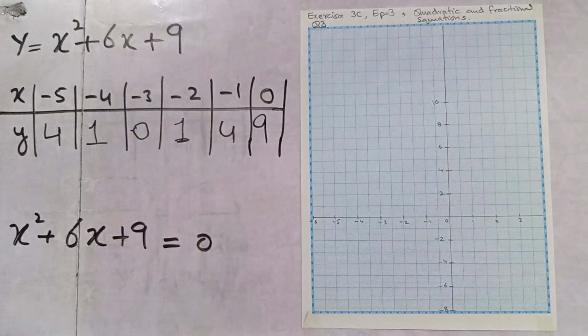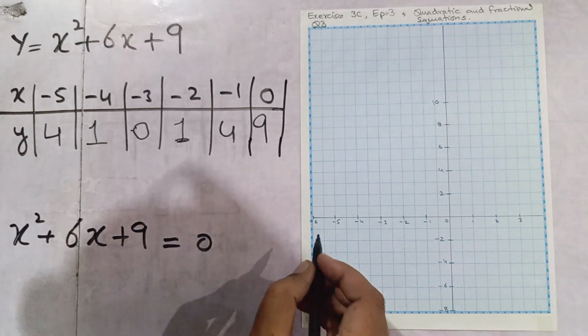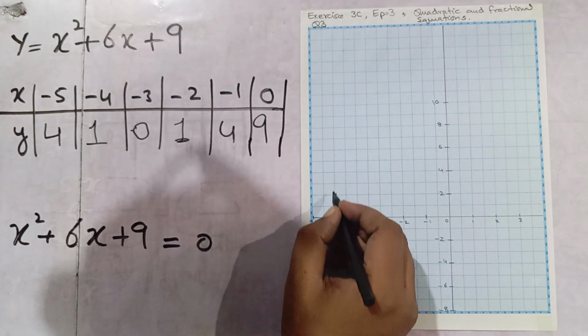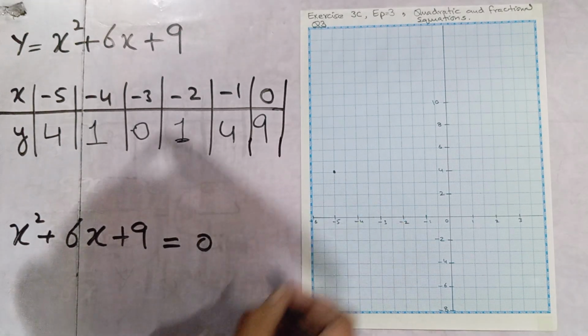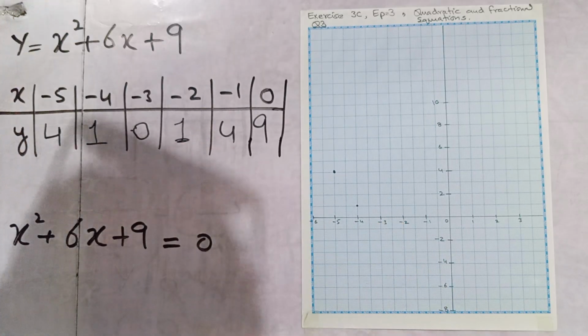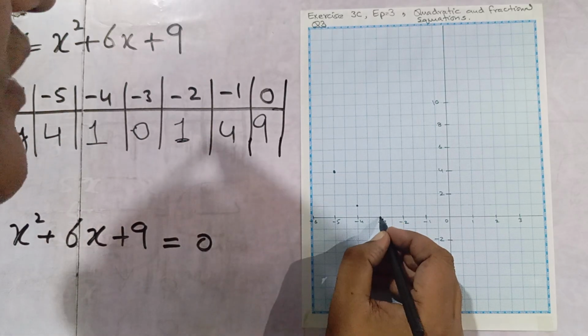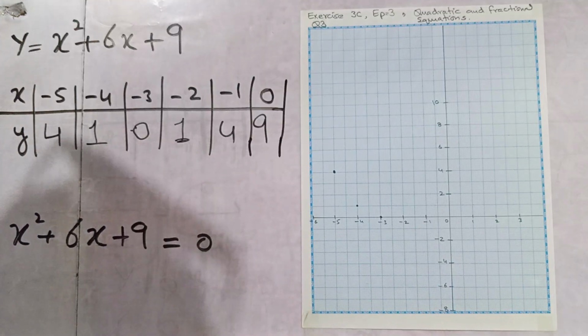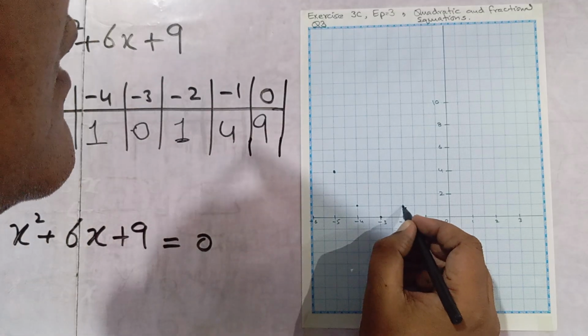So I have to plot these points on this graph. Very simple, you see. At -5, we have positive 4, so the point will be here. At -4, it is 1. At -3, it is 0. At -2, it is positive 1.